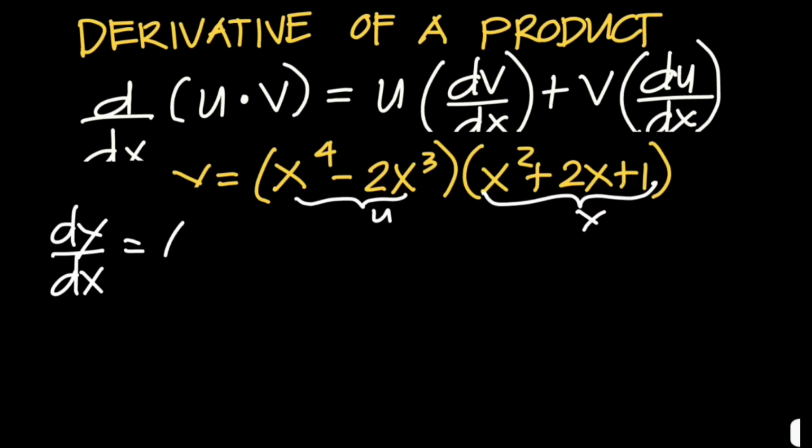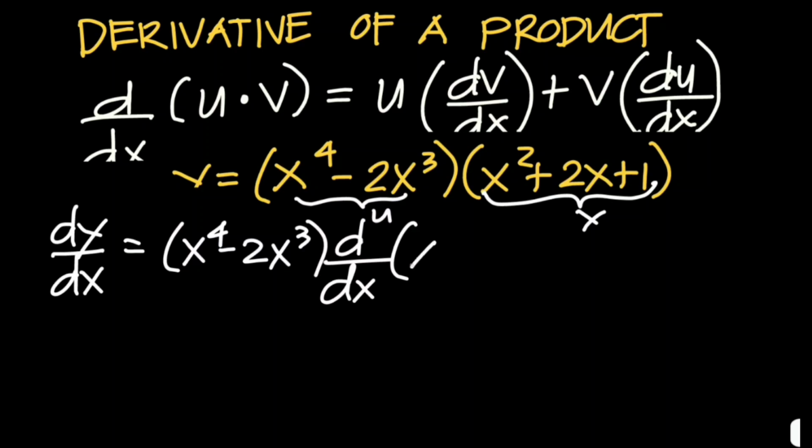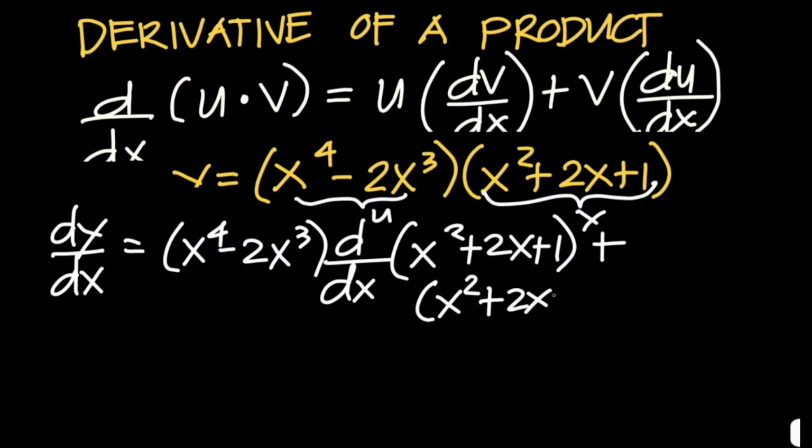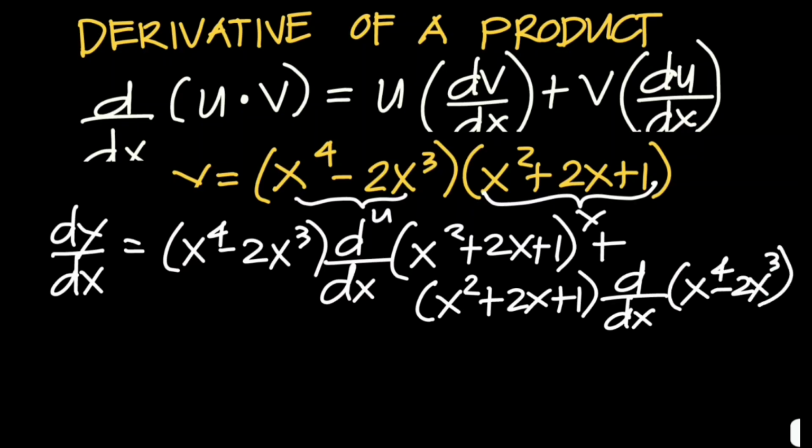So we copy u, which is x to the fourth minus 2x cubed. Then we get the derivative of v with respect to x, and v is x squared plus 2x plus 1, plus v, which is x squared plus 2x plus 1 times the derivative of u with respect to x, and our u is x to the fourth minus 2x cubed.